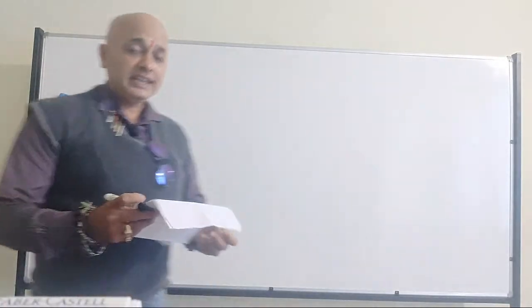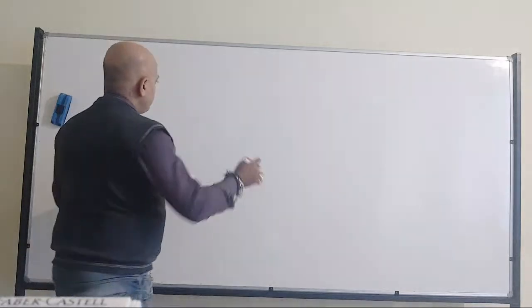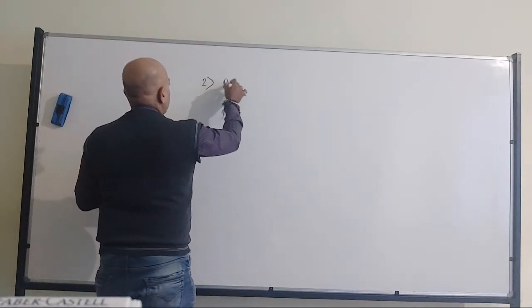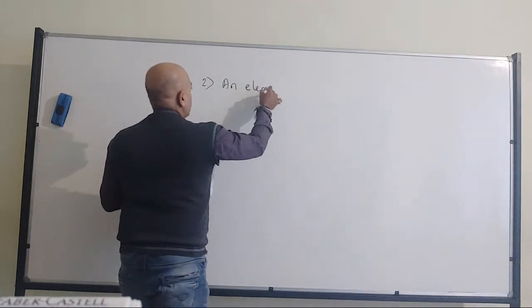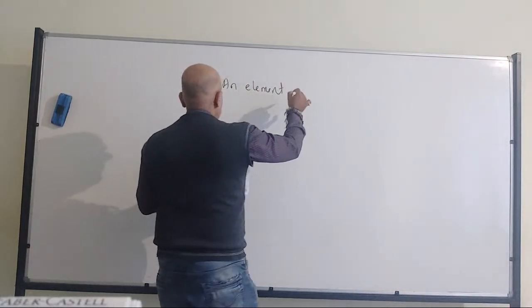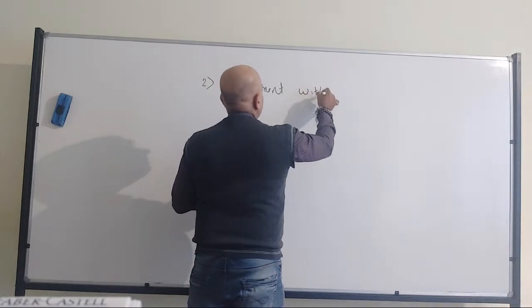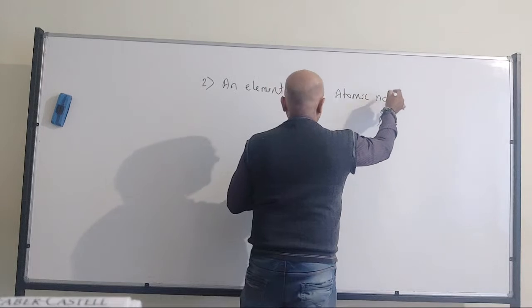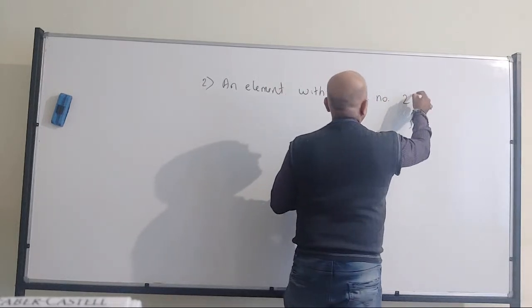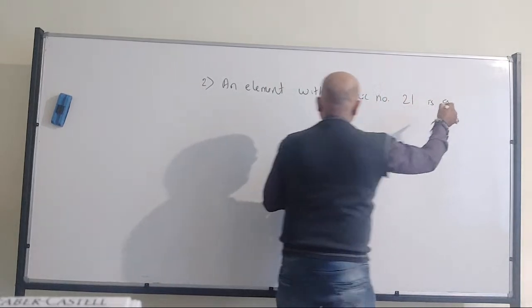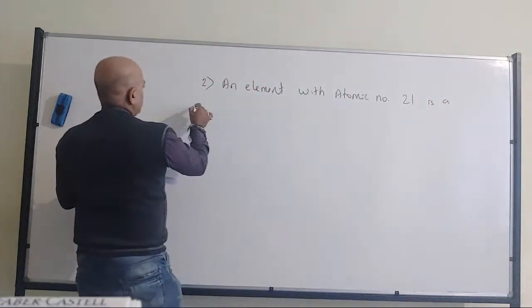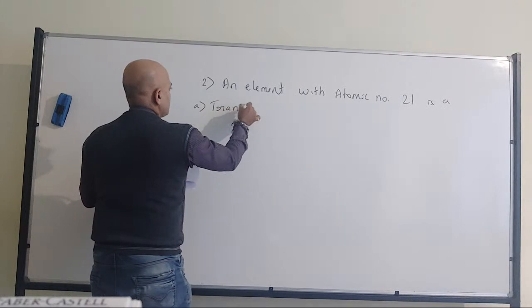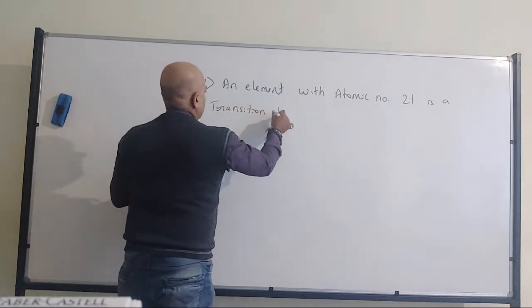Next question is, it's related to CET question, Karnataka CET only. An element with atomic number 21 is a, option A, transition element.